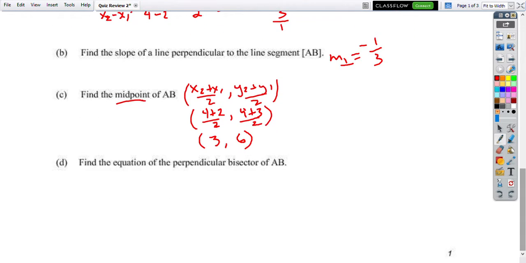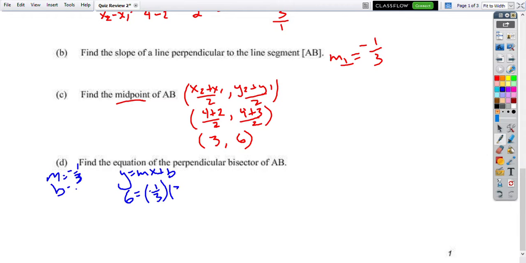All right, so find the equation of the perpendicular bisector. We're going to use, remember, we need two things to state the equation. We need m, which we already know is negative 1/3, and we need b, which we don't know. So we're going to plug in to y equals mx plus b. We know y is 6. We know m is negative 1/3.